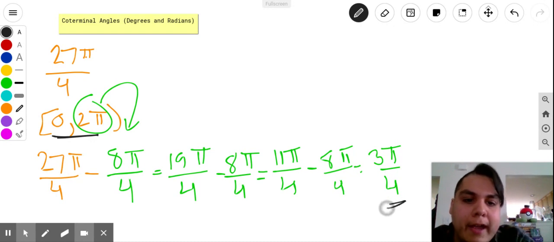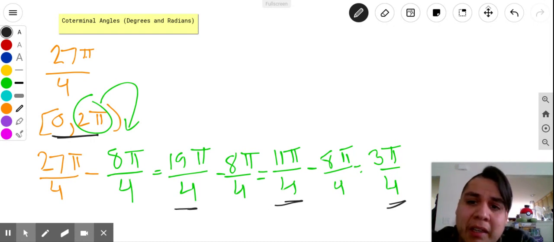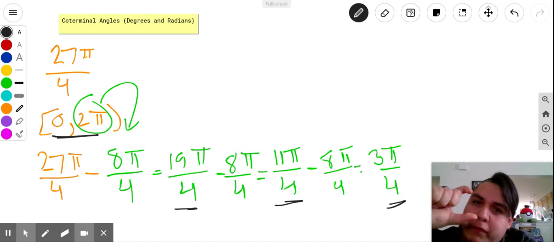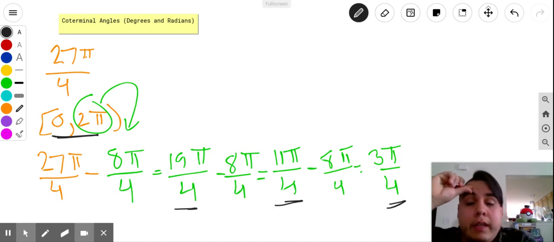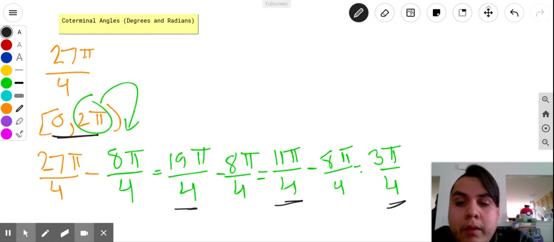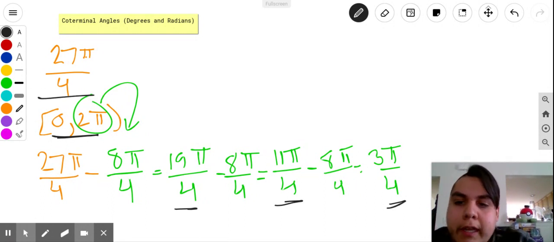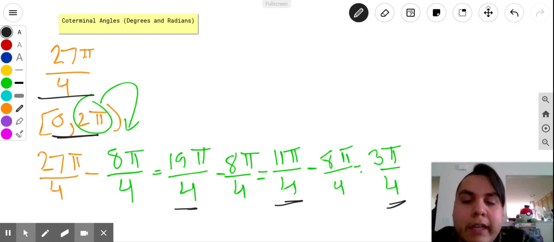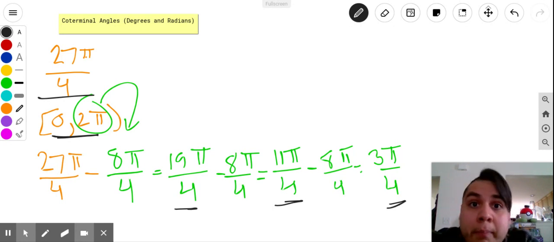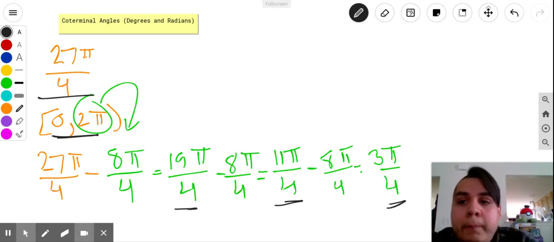I think of the pi as a unit of measurement, so to speak, because then I can just focus on the actual fraction part and take it from there. Right. So 27 pi over 4, 19 pi over 4, 11 pi over 4, and 3 pi over 4 are all coterminal angles. The only difference is the amount of revolutions that it took to get me there.